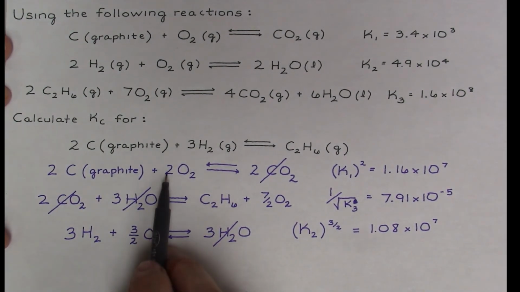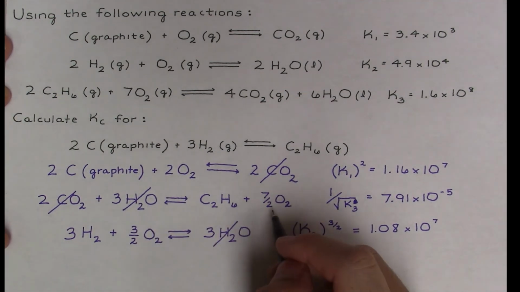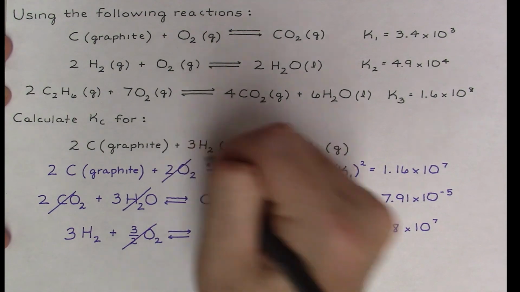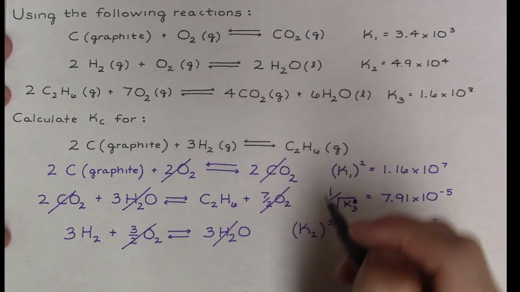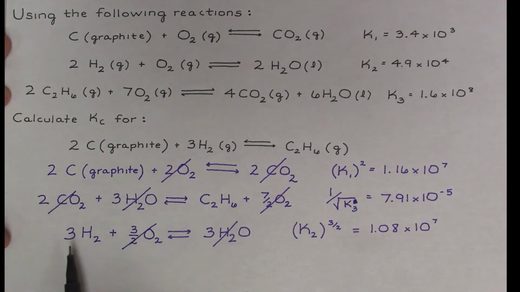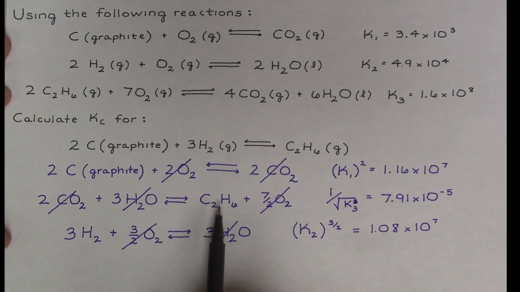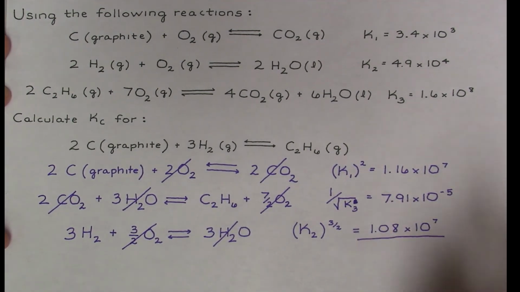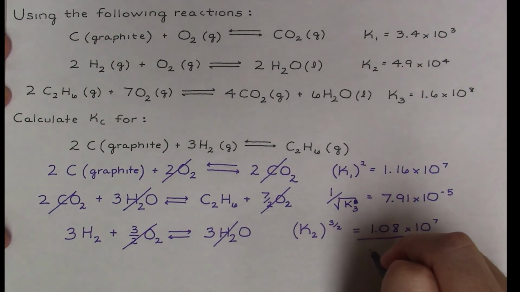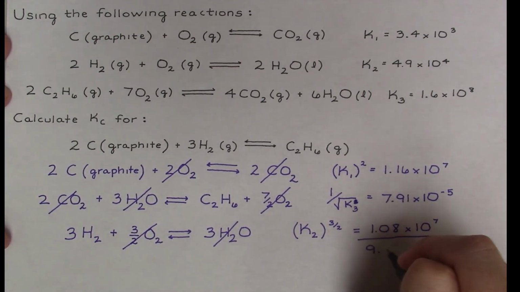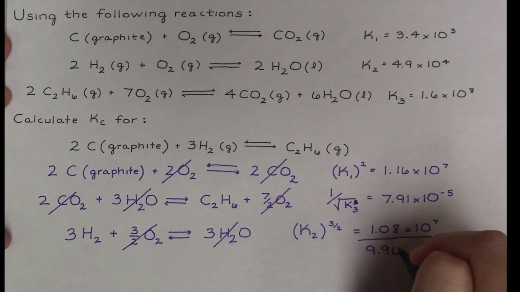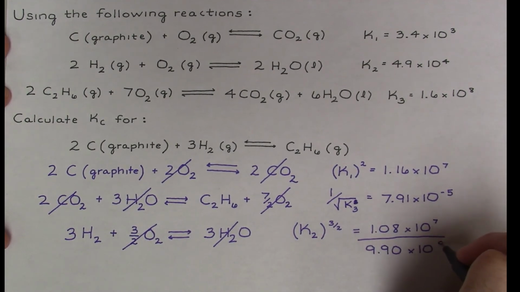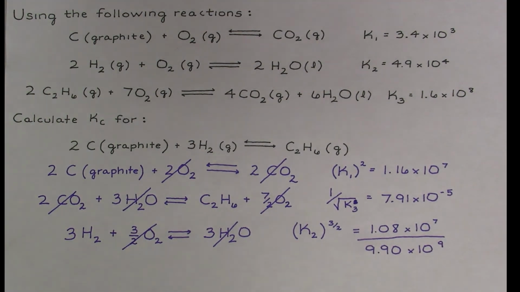And finally, you will notice that I have a total of 7/2 O2 on my reactant side, the sum of 2 reactions, and that'll cancel out the 7/2 O2 in my product side, leaving us the 3 species in my balanced chemical equation. This means that my math is good, and now I must multiply the 3 new K constants. If I do that, I will get a value of 9.90 times 10 to the 9th.